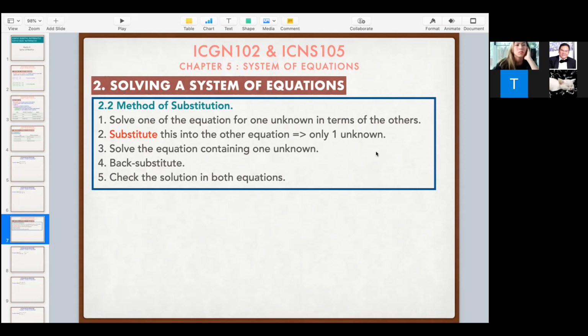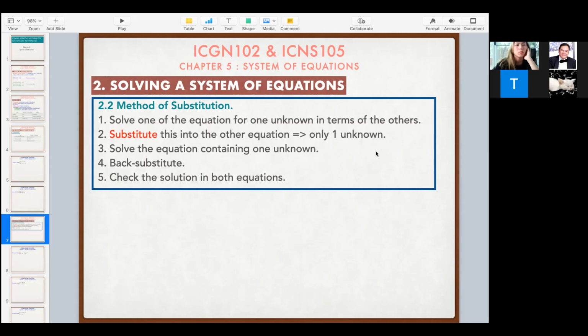For example, if we have two equations with x and y, you find x in terms of y in one equation first, or find y in terms of x in that equation. After that, you substitute this into the other equation, then you have one unknown left.